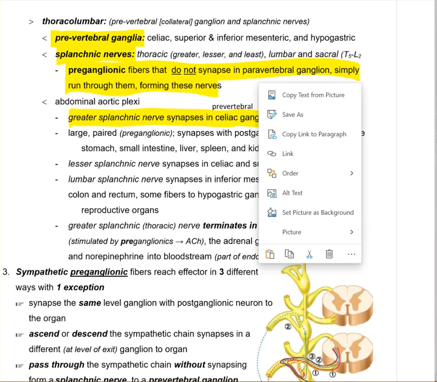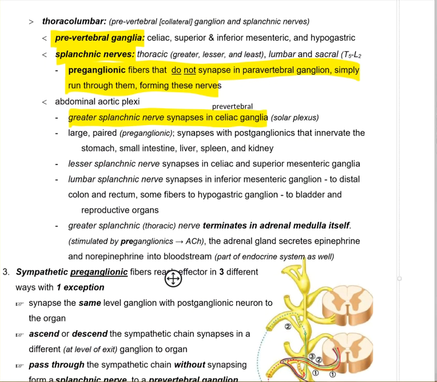All right, so this greater splanchnic nerve tends to innervate the stomach, small intestine, liver, spleen, and kidney. So a lot of the organs in the abdominopelvic area. And then the lesser splanchnic nerve, the lumbar splanchnic nerve, and the hypogastric, because these go to the superior mesenteric ganglia, the inferior mesenteric ganglia, and the hypogastric ganglia.